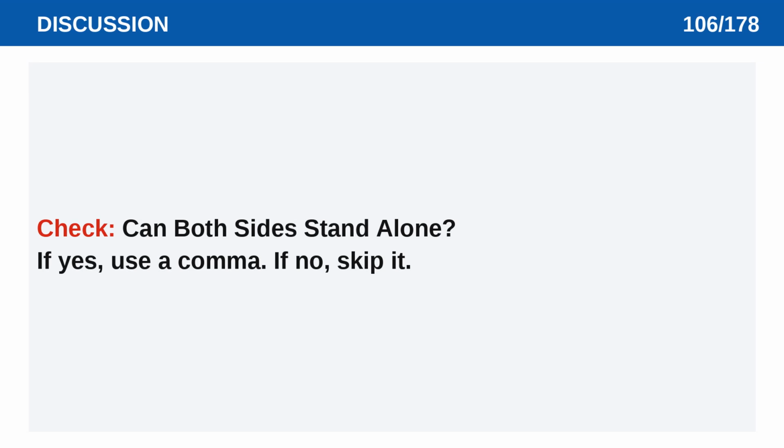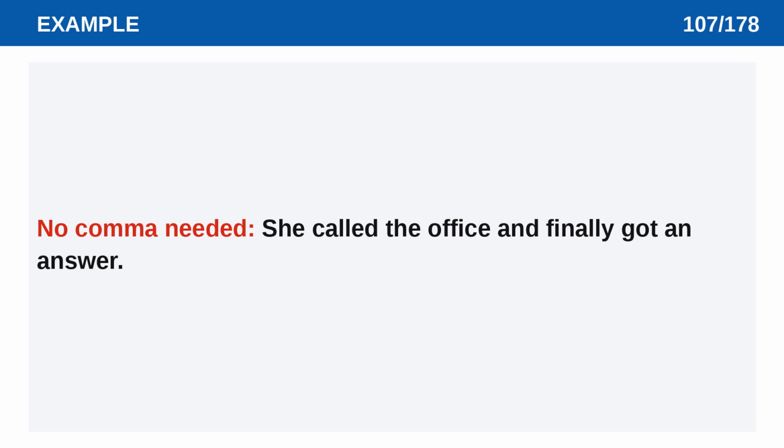Here's an important check. This comma only belongs there if both sides of the sentence could stand alone, as their own complete sentence. If the second part is not a full sentence by itself, we don't need the comma. Look at this sentence. She called the office and finally got an answer.